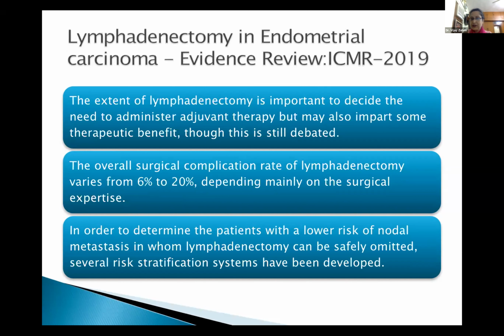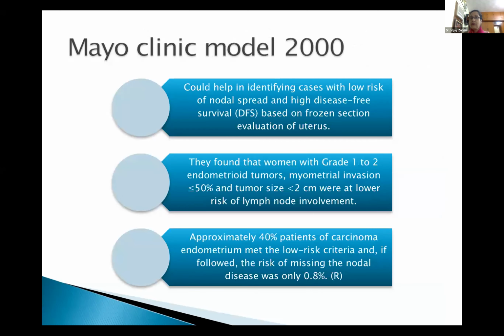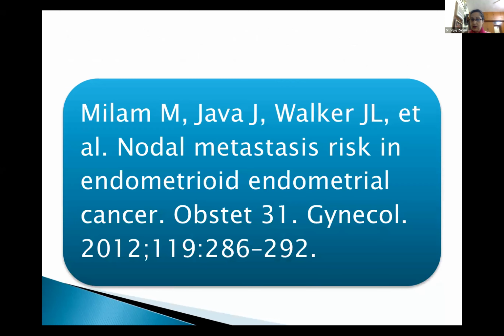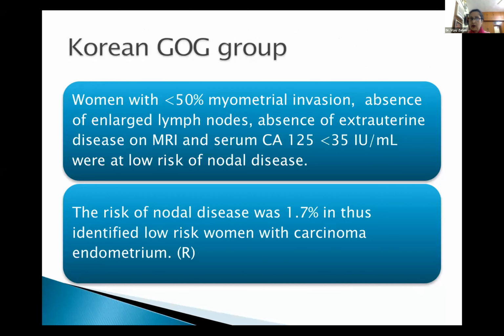So in order to determine the patients with a low risk of nodal metastasis in whom lymphadenectomy can be safely omitted, several risk stratification systems have been developed. I think we should all be working on this so that we can make some models, which have been proposed by the Mayo Clinic model in 2000, and then a Korean GOG group has also given a model.